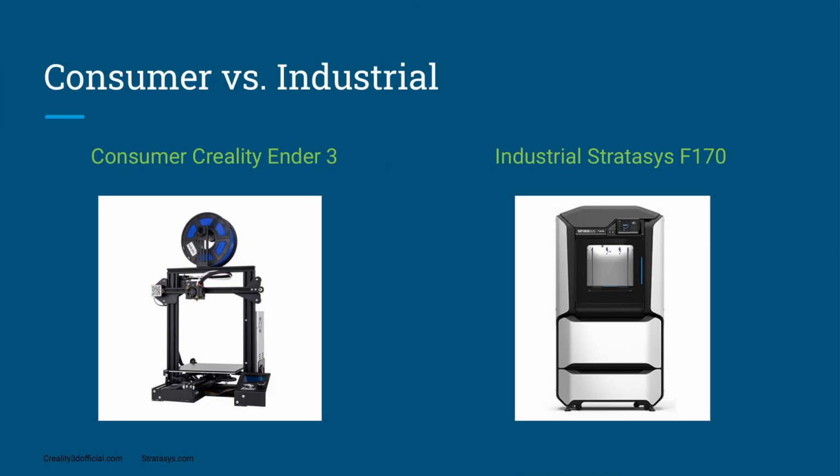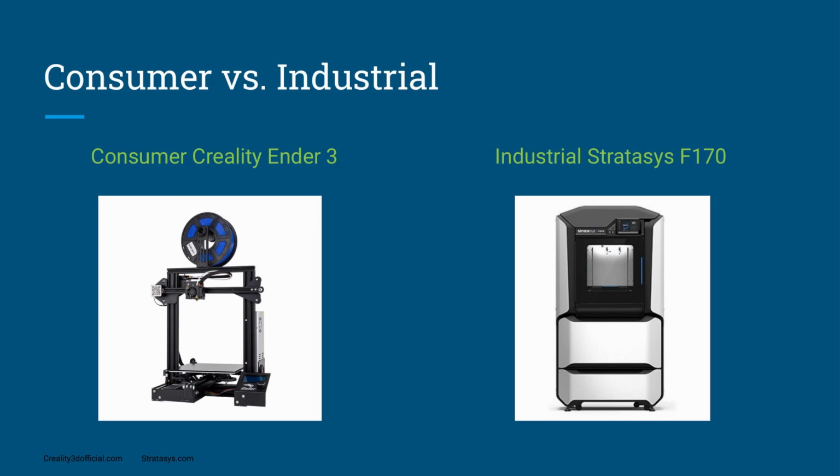So first off, let me break 3D printing up into two main groups here. There's consumer 3D printing and there's industrial 3D printing. And in this video, I'm going to be mostly focusing on consumer 3D printing because that's what most of us here are looking to learn about. On the left, you can see a consumer 3D printer. It's called the Creality Ender 3, and it's one of the most popular consumer 3D printers because it's super cheap and is a great printer overall.